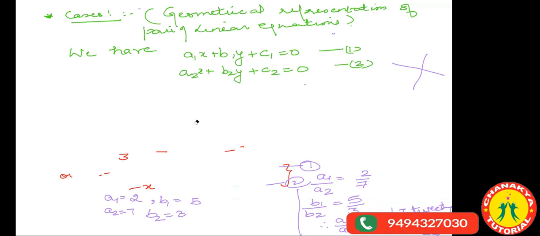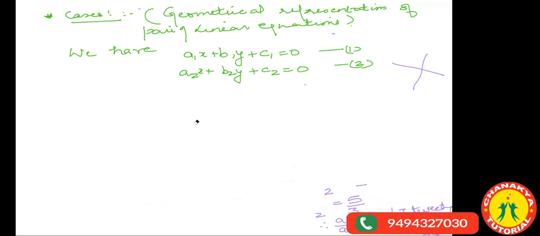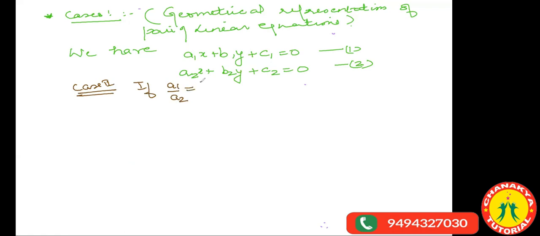Now the second case will be if A1 upon A2 is equal to B1 upon B2 and not equal to C1 upon C2.